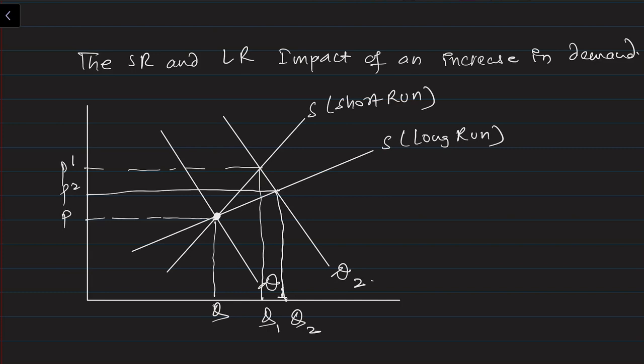Okay, so an increase in the demand will have a lower impact on the market price when the supply is more elastic. Okay, and an increase in the demand will have a lower impact on the market price when the demand is more elastic. Okay, so even if the supply or the demand is more elastic, there will be a lesser increase in the price than in the quantity.